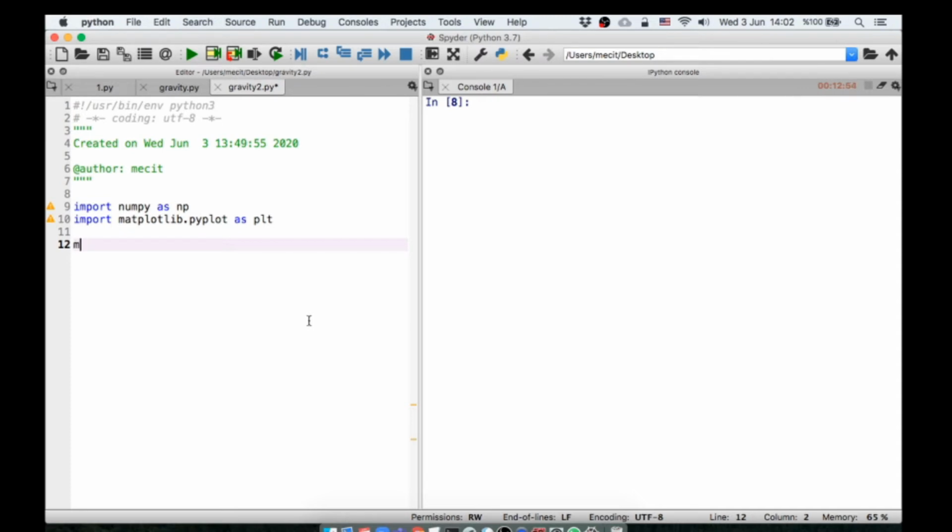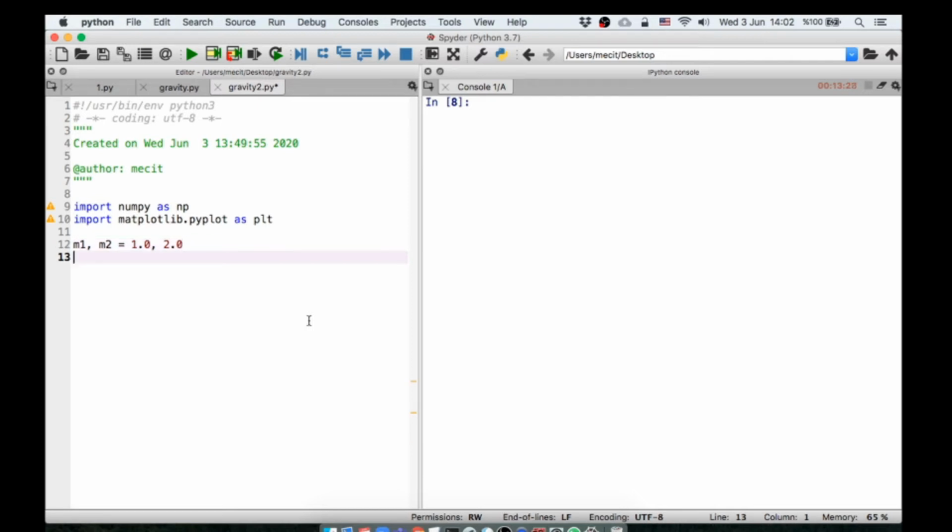Obviously, the masses, let's do M1 and M2, 1 and 2. As I described in detail in the lecture, I am using not metric units here, but some arbitrary units in which the masses are given as 1 and 2 to make the computation easier. We can talk about how to set the scales later.